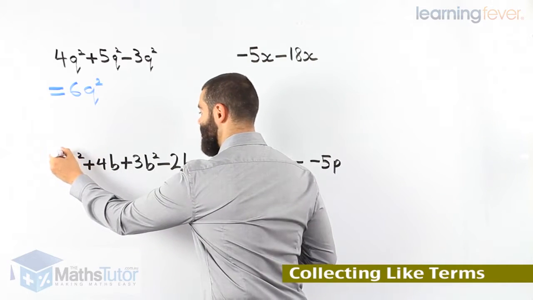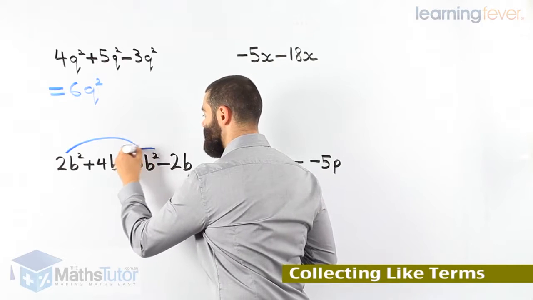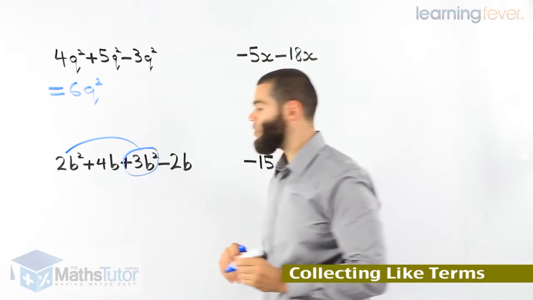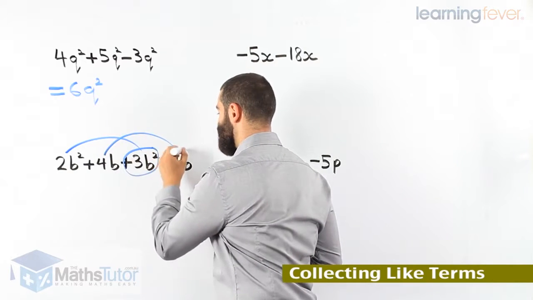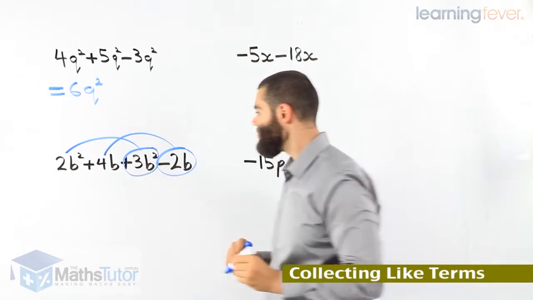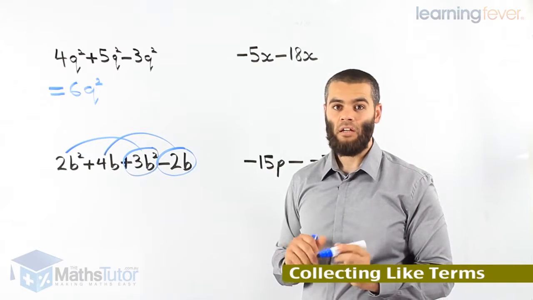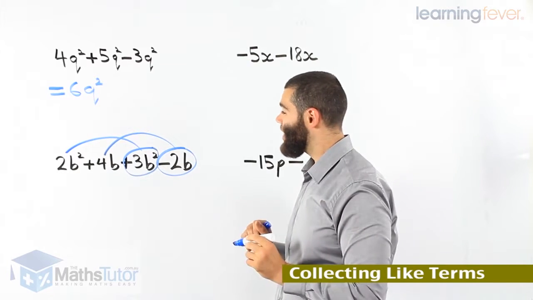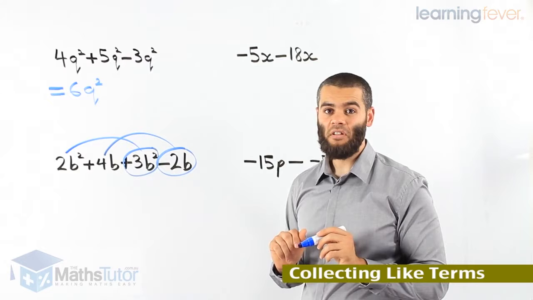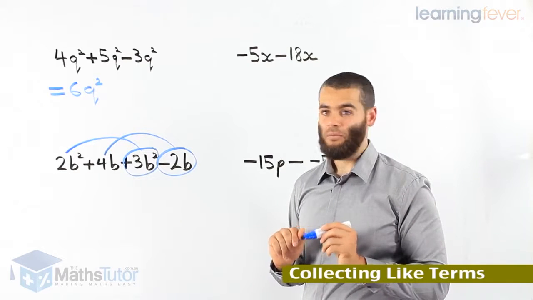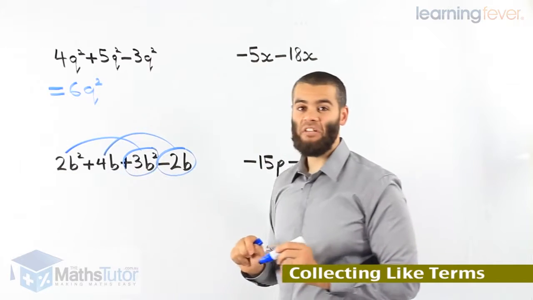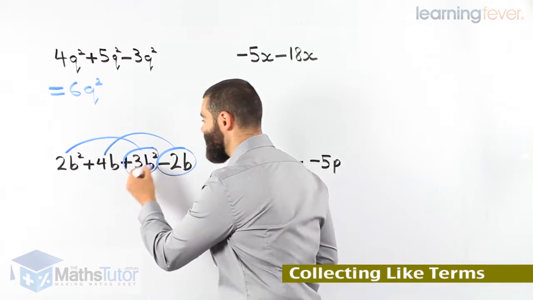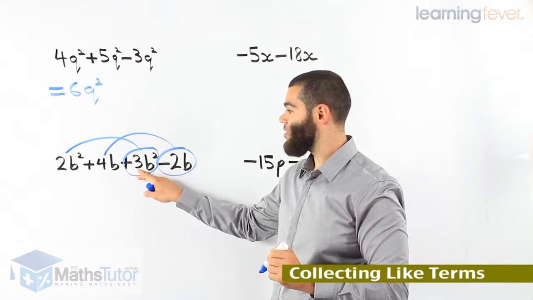2b squared is a like term with 3b squared. And 4b is a like term with negative 2b. So now that we are identifying the like terms, we can start adding and subtracting. 2b squared plus 3b squared. You notice how I circled the plus, because the plus belongs to the 3.